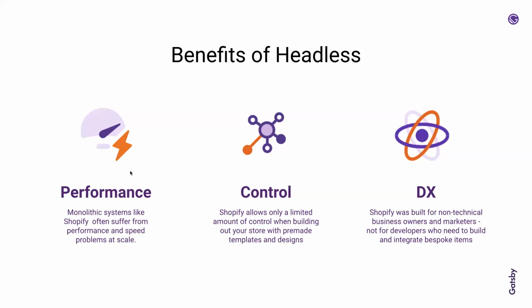So for the benefits of headless, we're going to talk about really three things. We're going to talk about performance. Monolithic systems like Shopify often suffer from horizontal performance, vertical performance and speed problems at large scale. On the performance side, let's say page load, let's say builds from a product perspective, as you tend to add items and visitors, these things are going to start to slow down.